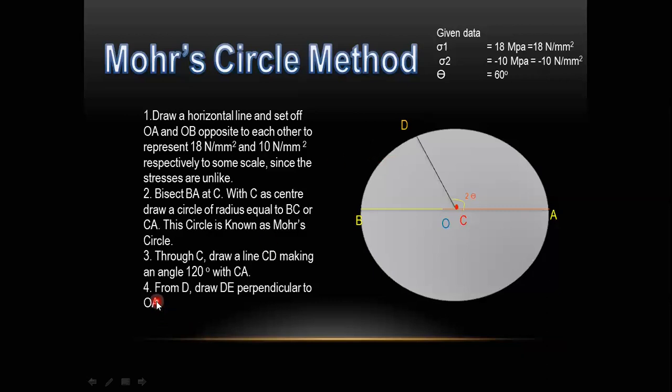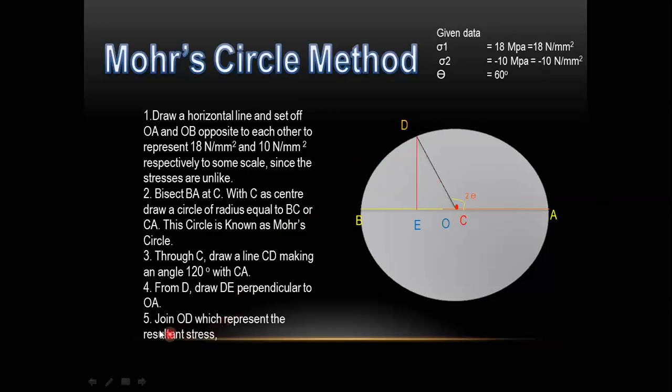The fourth step, from D, the intersection of the circle and the CD line. From this point you draw a perpendicular line to the AB line. Just draw the perpendicular and name that point E. That is the DE line. This is the fourth step.